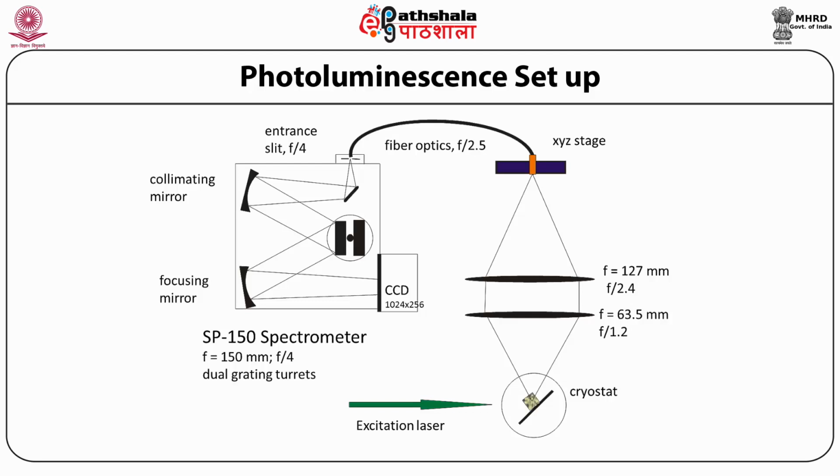Now the whole setup is placed on the spectrometer SP150 having f equal to 150 mm, f/4 dual grating turrets. Now this light falls on two lenses, the first with f equal to 127 mm and the second with f equal to 63.5 mm, which focuses on the sample placed in a cryostat.